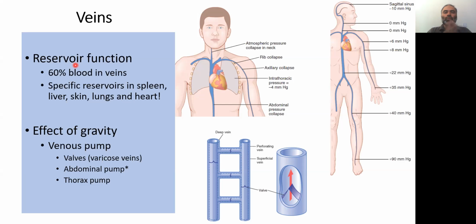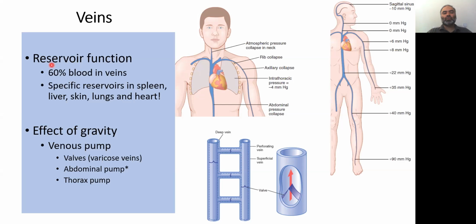Veins hold a specific amount of blood inside them, so that when the body requires the entire blood to flow throughout the system, then that is made available. So this is a very important reservoir function.